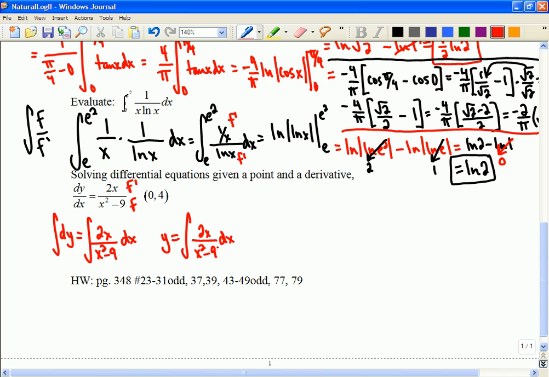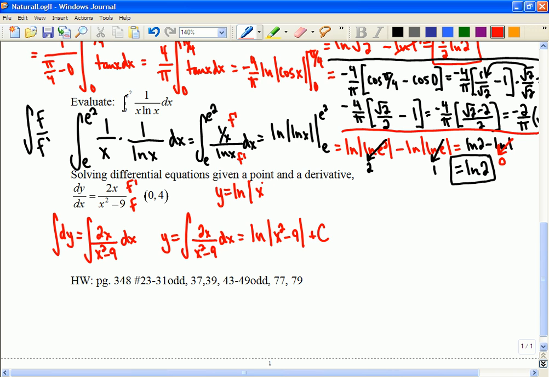And the integral on the right side is not too bad. We've been practicing natural logs right now, so it should be fresh in your mind. But this is going to be the natural log of x squared minus 9 plus some constant. So we end up with the solution to the differential equation.